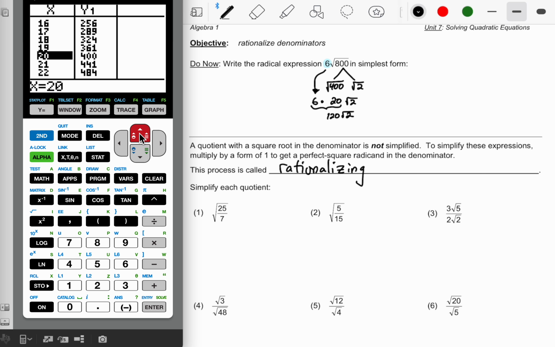You broke it down and you canceled whatever could be canceled, then you can leave it like that unless the directions explicitly tell you that you can't have a radical in the bottom of the fraction. So on an assessment, it would say something like, simplify this radical so that there is no radical in the bottom of the fraction. You know, the grammar will be a little bit better on the assessment, but you get the idea. All right? But that's not going to be for every problem.